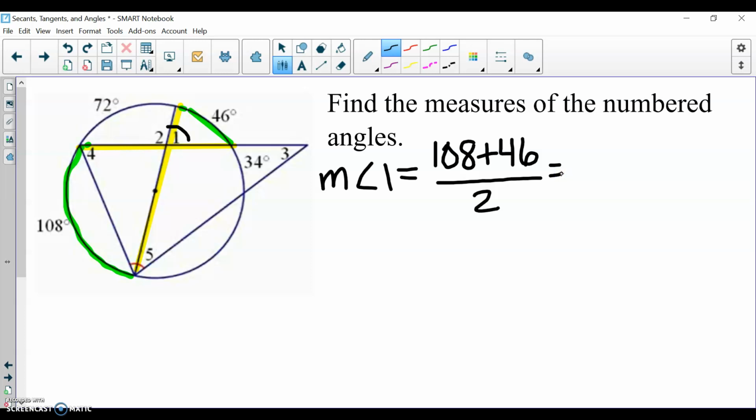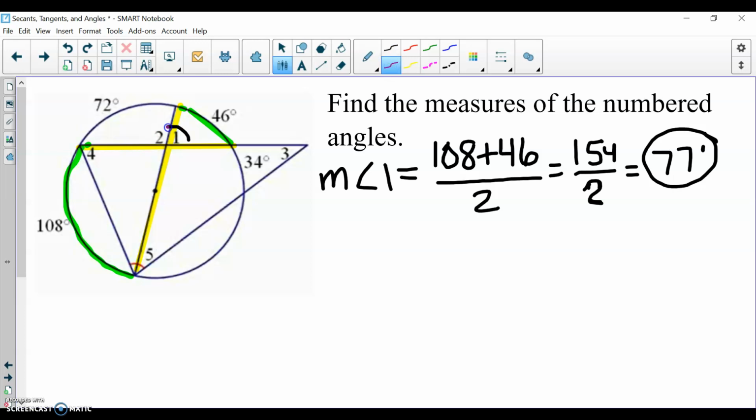When we add together 108 and 46, we get 154. And then divide that by 2, we end up with 77. So that would be the measure of our angle 1.